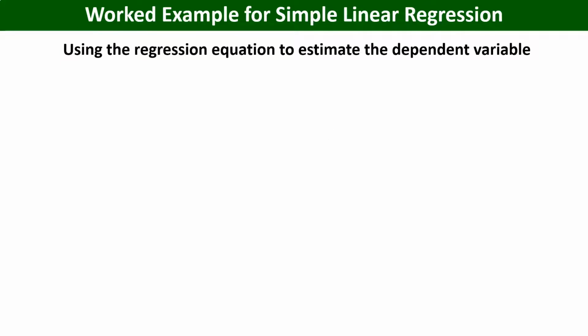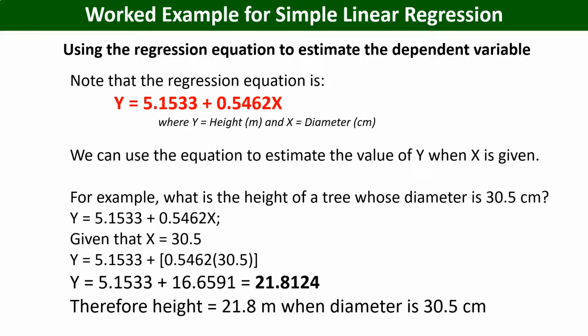So let's now use our equation. Having tested the equation, we found out the equation is good because the regression is significant, the R square is high, error is low. Fine. Let's now use the equation to estimate the dependent variable, especially if we are given the value of independent variable. So let's see how that is done. Now remember, let's recall the equation from video 1.